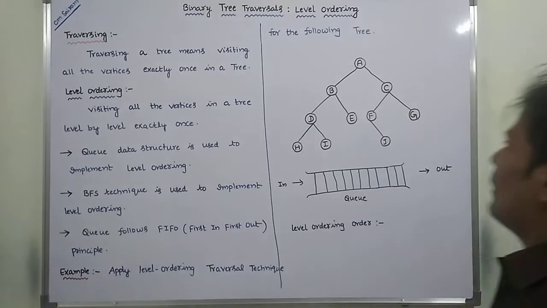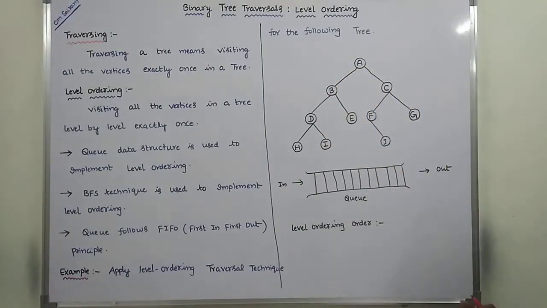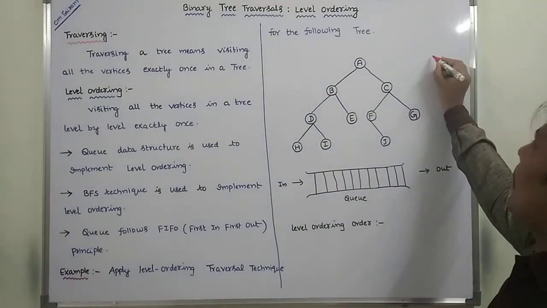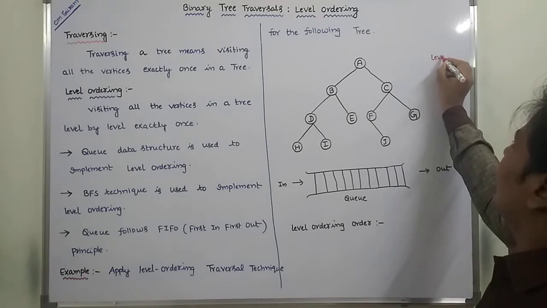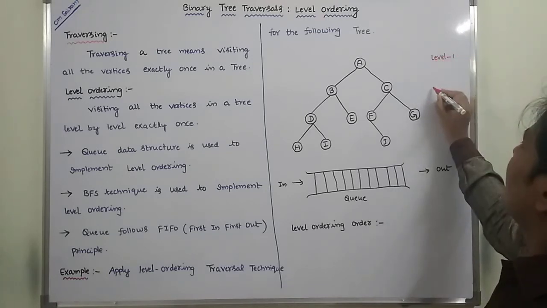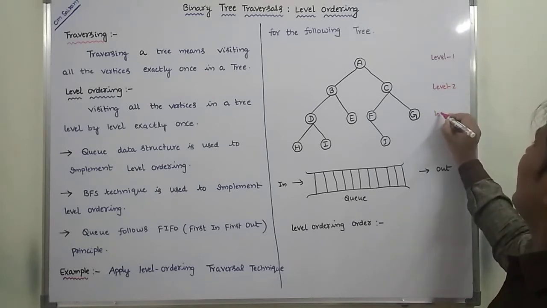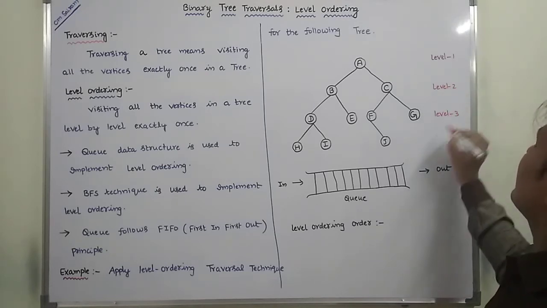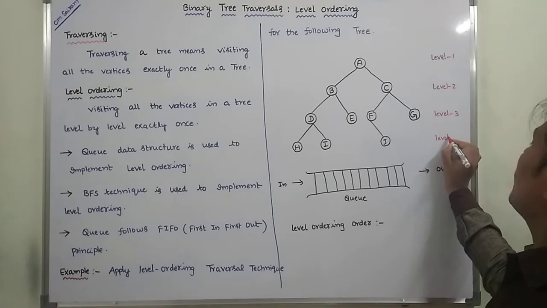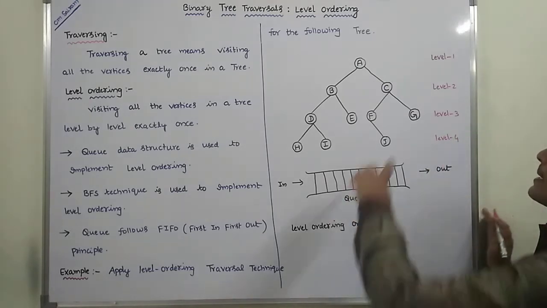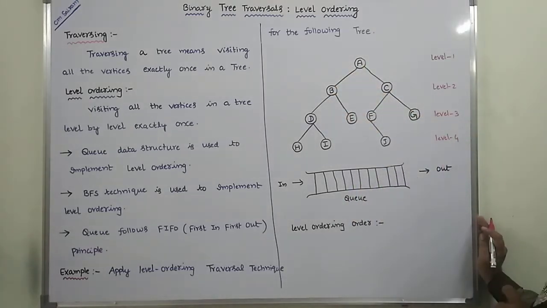For example, this is the tree. The levels of the tree are: this is level 1, this is level 2, this is level 3 and this is level 4.